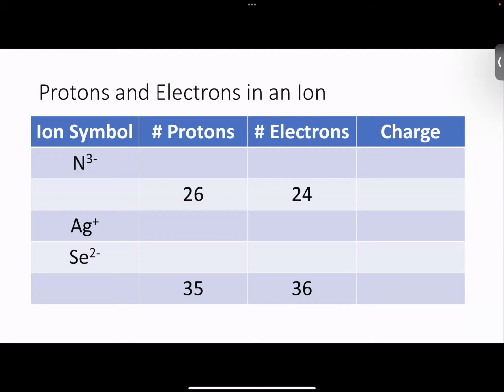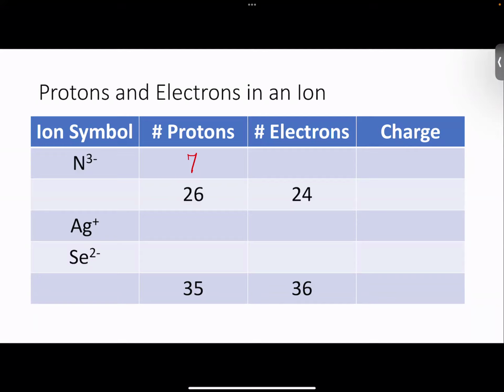Nitrogen is element number 7 on the periodic table. So what does that mean? 7 protons. A negative charge results from the what of electrons?